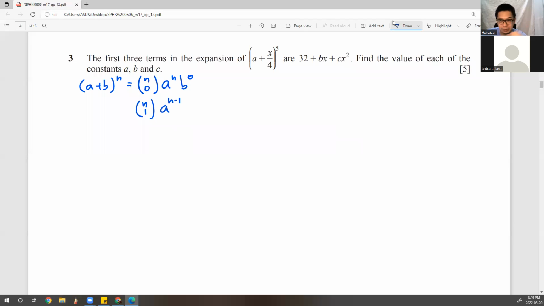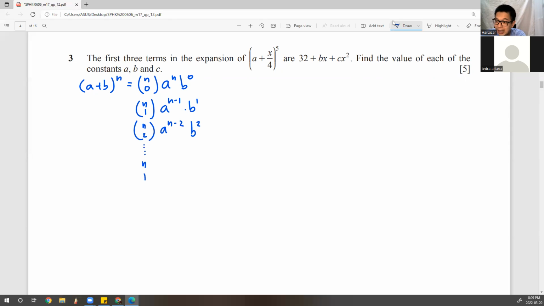I put it below rather than to the side, I think downside is better. Times b power 1, right? nC2, a power n minus 2. You decrease the power of the first variable and you increase the power of the second variable, b power 2, and so on.